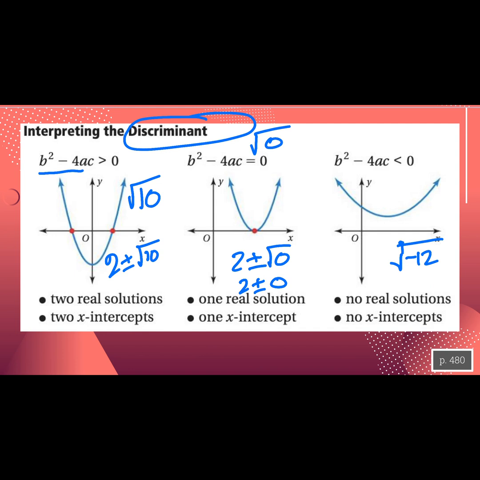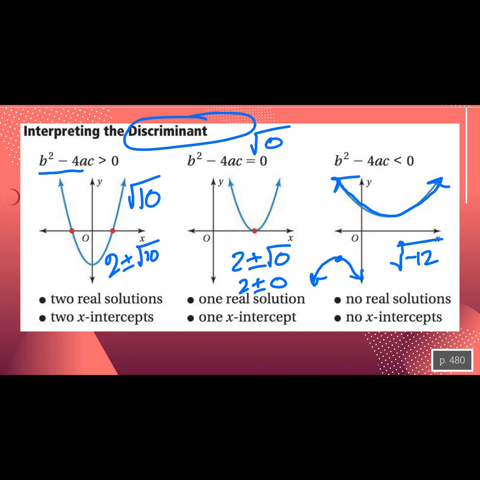That just means, like it shows in the picture, that our graph is above the x-axis and facing up, or it is below the x-axis and facing down. So if we have a negative discriminant, then there are no solutions. There will be some problems in the homework where you'll get a negative in the discriminant, and the answer is no real solutions.